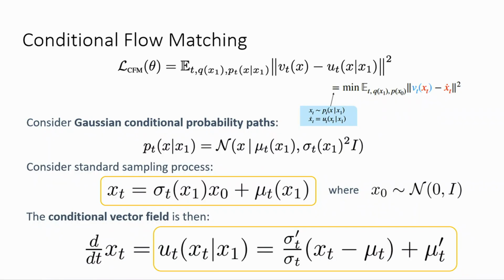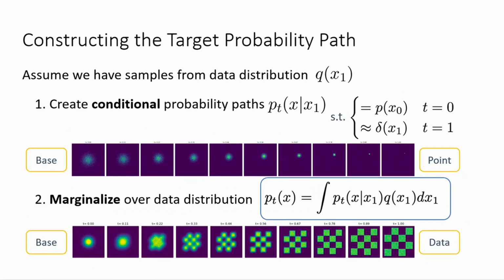All right. Here's another demonstration of why this marginal probability path is easier to define. Basically, we want to find, at t equal to 0, the probability path with x0 directly sampled from p of x0, and we want the endpoint being a delta distribution where all of the mass is focused on x1. We found that the Gaussian probability path, if we can define the sigma and mean, will uniquely define this path.